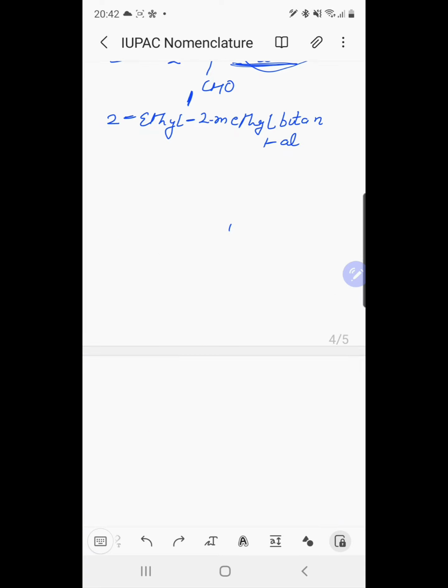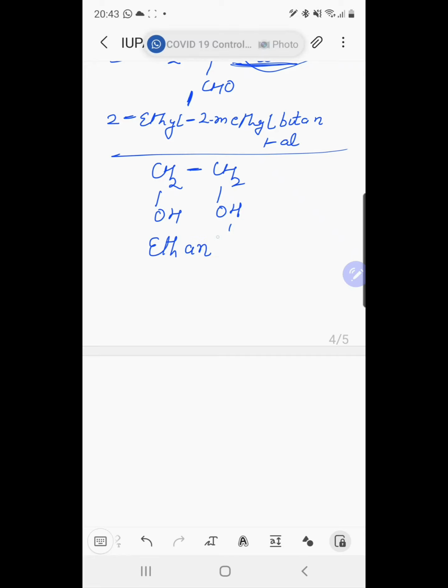Now, if a compound contains two or more like functional groups, the numerical prefixes like di, tri, tetra, etc. are used, and the terminal e from the primary suffix is retained while writing the IUPAC name. For example, if more than one same group is present, like in this compound, it is an ethane derivative.